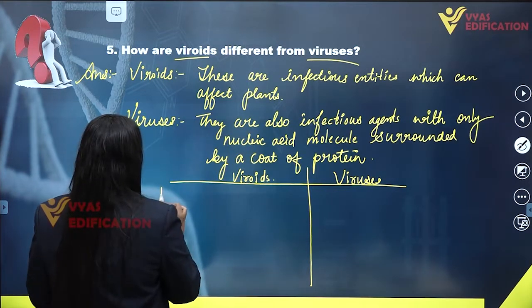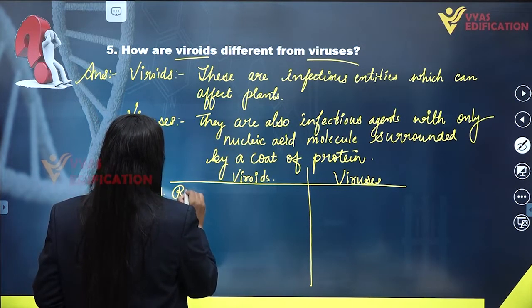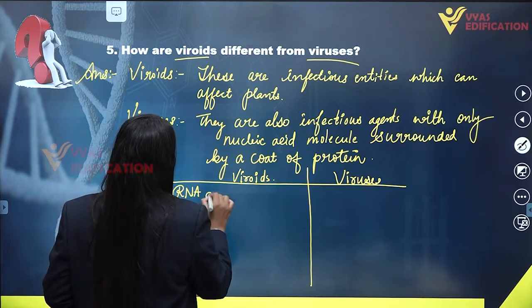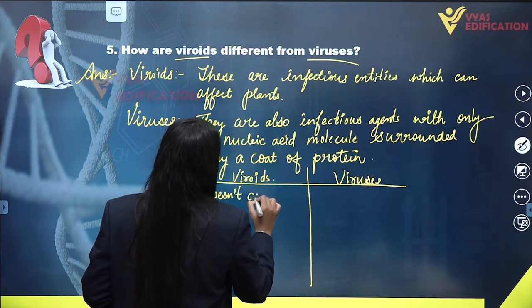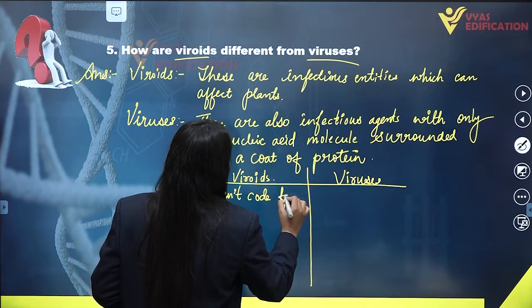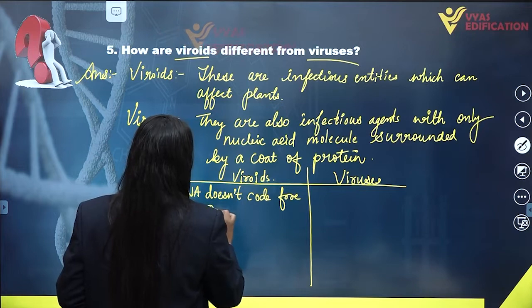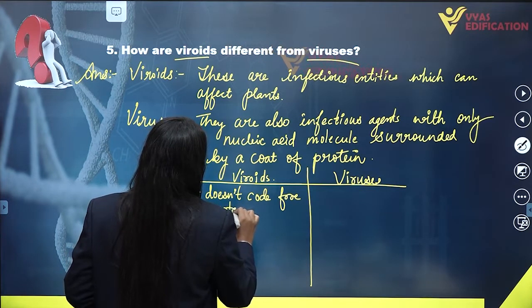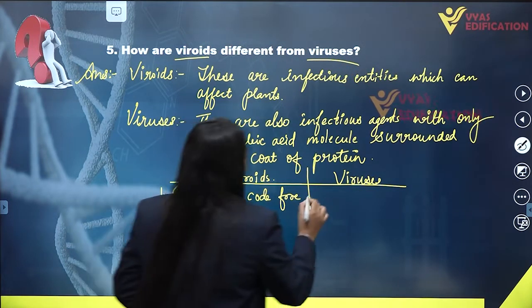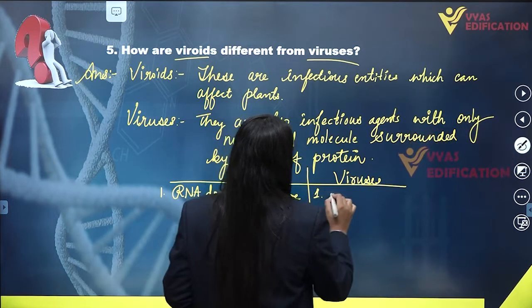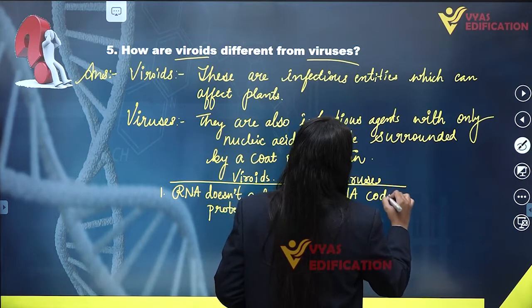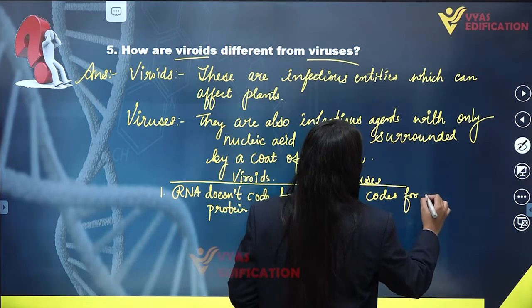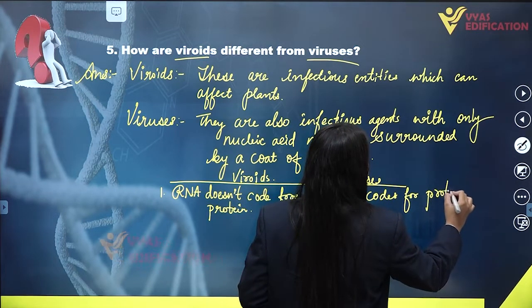First of all, RNA in case of viroids doesn't code for protein, whereas in case of viruses, RNA codes for protein.